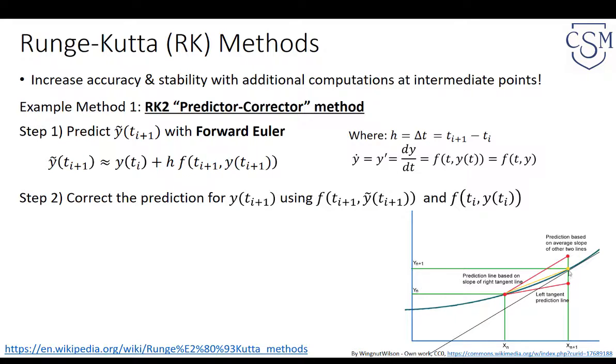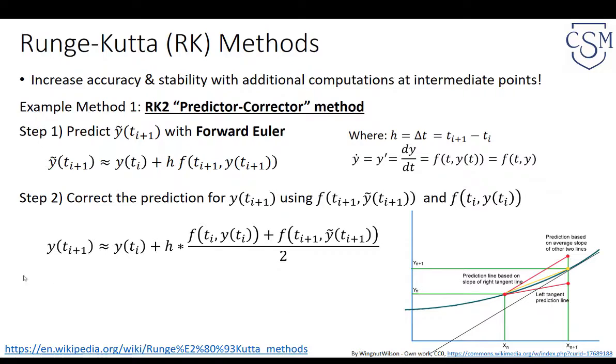Since these two predictions are different, we take the average of those. So our corrected prediction of y of ti plus 1 is equal to y of ti plus our step times the average of those two slopes. And this gives us Runge-Kutta 2.